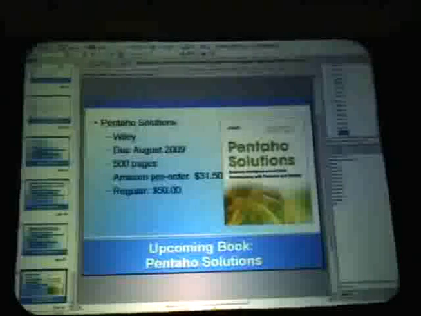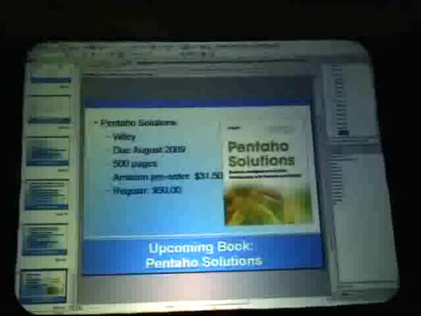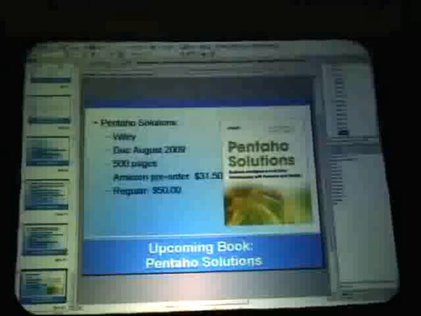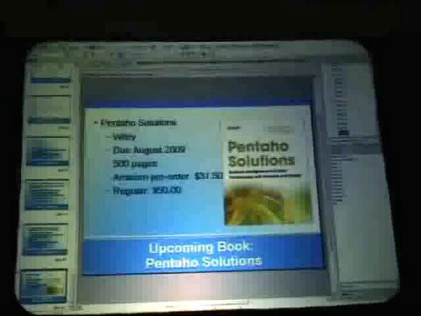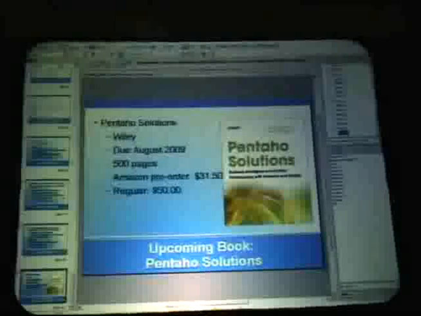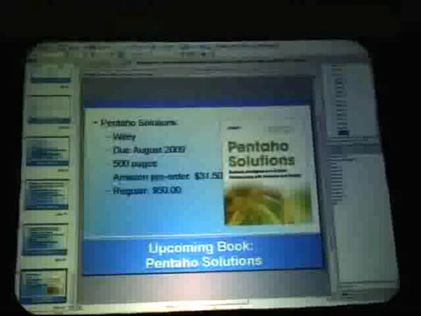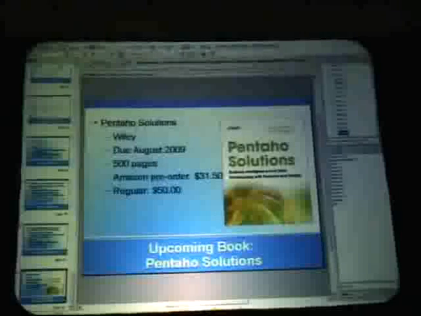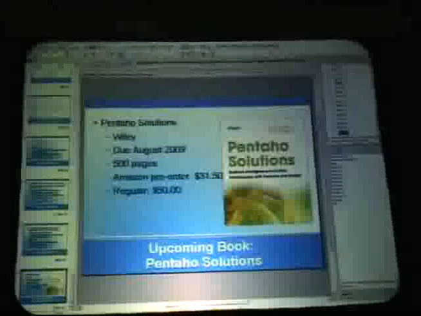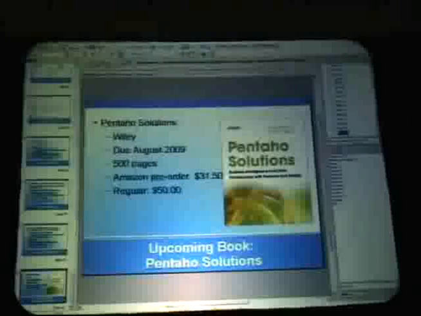On the other hand, we're targeting the business intelligence consultants, who are familiar with other products such as Business Objects or Microsoft BI, and we're teaching them how to get started with Pentaho to build similar applications. You can pre-order it on Amazon for $31, and it's going to be available on the shelves in August. It's going to be a 500 page book.